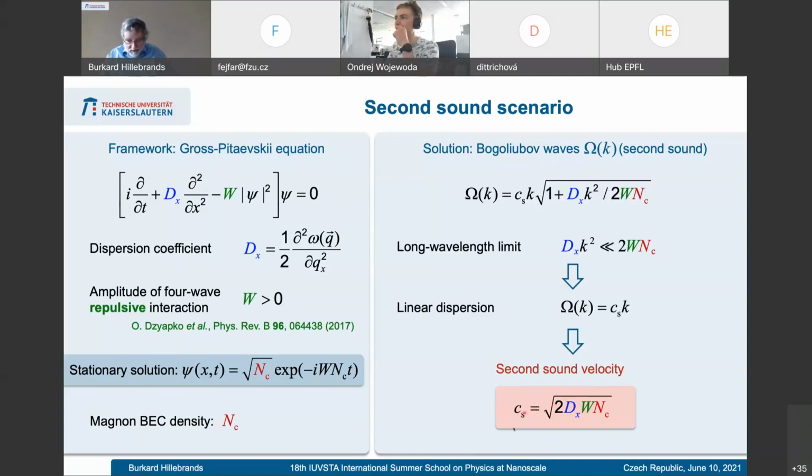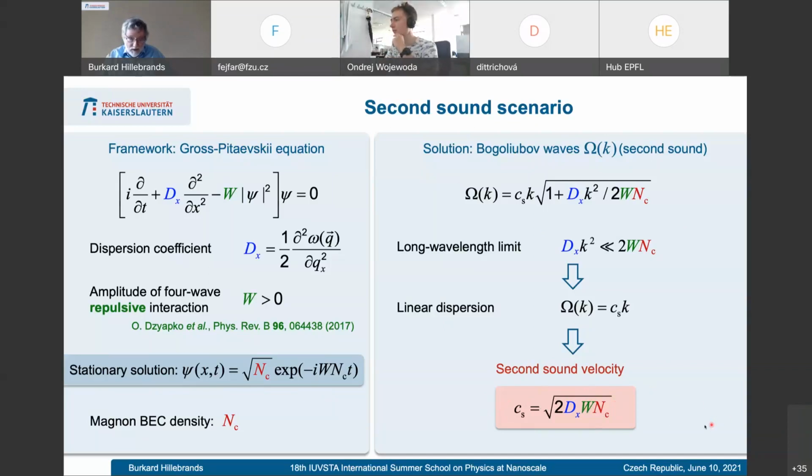Because you get a sound velocity by which these humps now move away from you. And the parameters which enter here are only the dispersion coefficient, which you get from the dispersion, the nonlinearity, because we are in the nonlinear regime, and of course the number of particles. A very simple formula, and that is second sound.